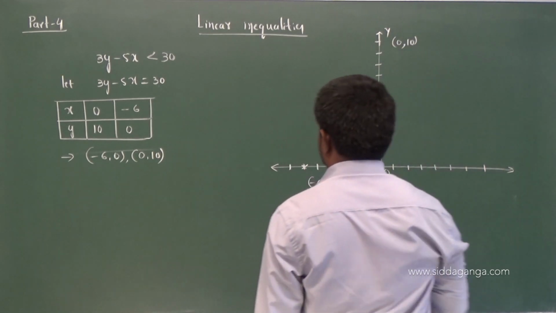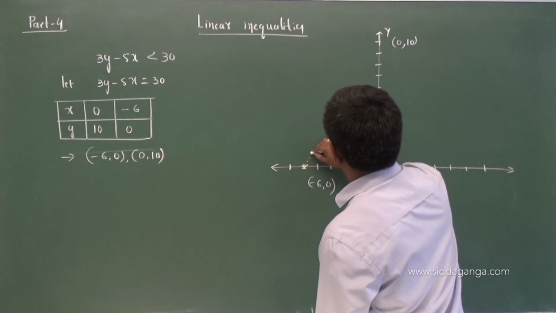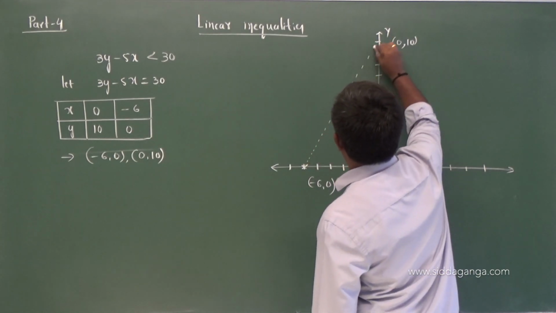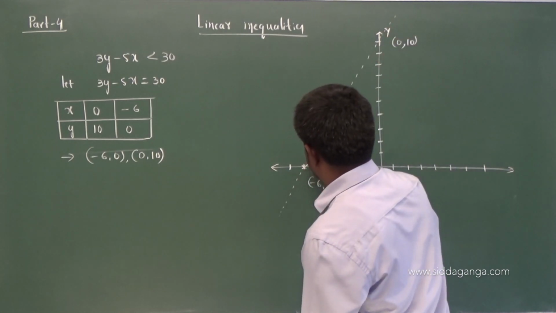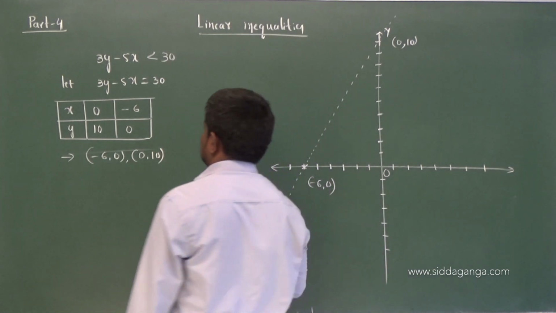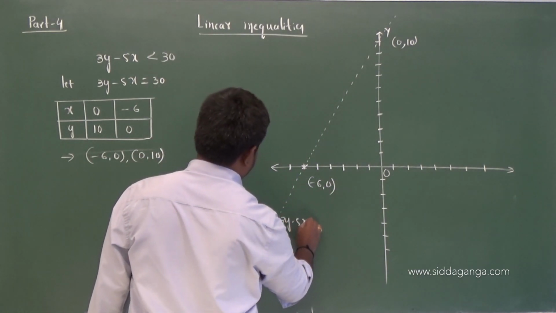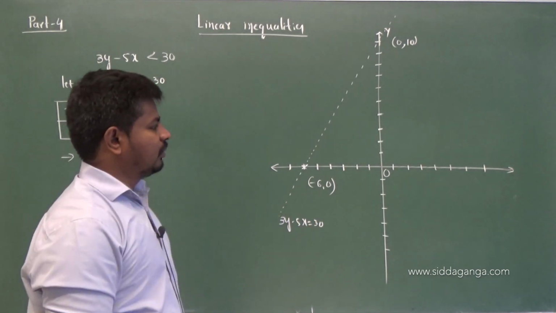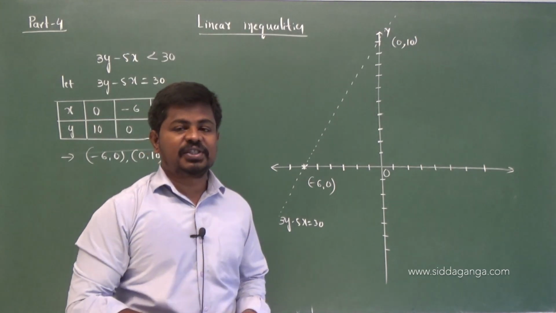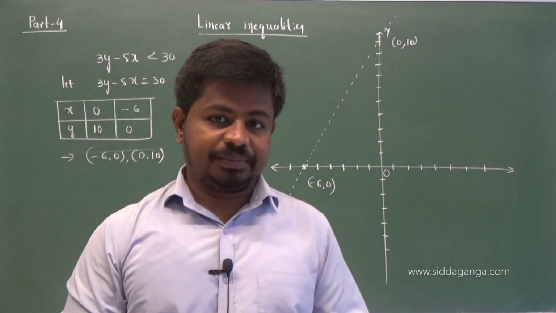Okay. Now, let us join these. So, I am going to plot a dotted line, because we have a strict inequality. So, this gives 3y minus 5x equal to 30. Students, I think you know the difference between a dotted line and a shaded line.